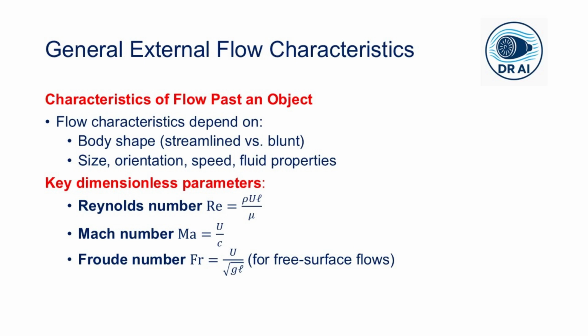So most everyday flows are inertia dominated, but there are important exceptions also. Tiny particles settling in a lake or objects moving through thick oil experience low Reynolds number flow where viscosity rules.